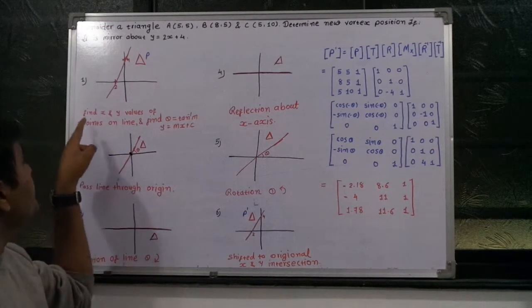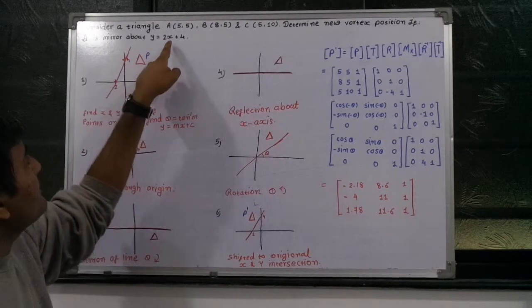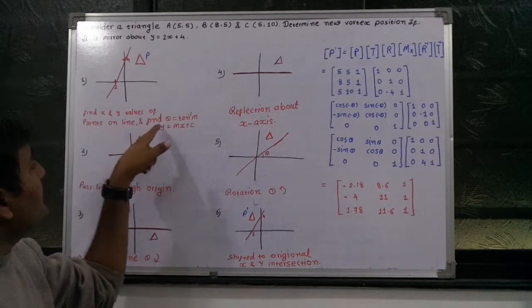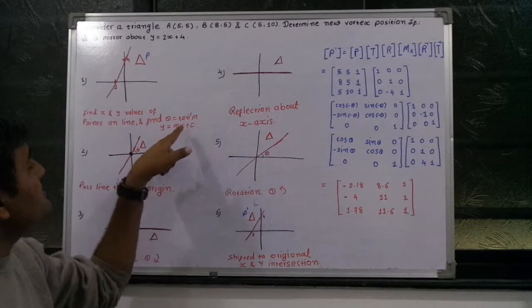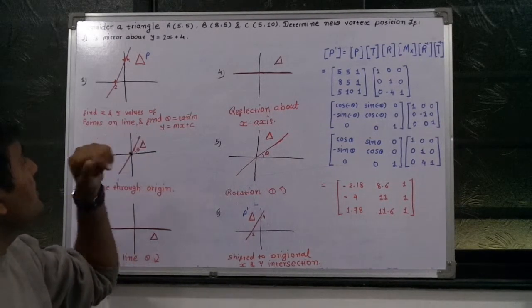So the first step is to find the x and y values of the points, which we find by putting x equals 0 and then y equals 0, and to find theta. Theta is equal to tan inverse m, where y equals mx plus c is the simple line equation.